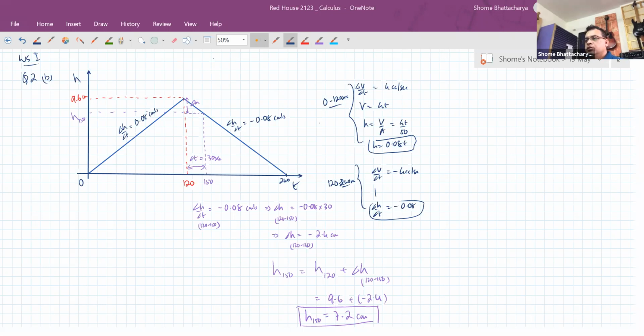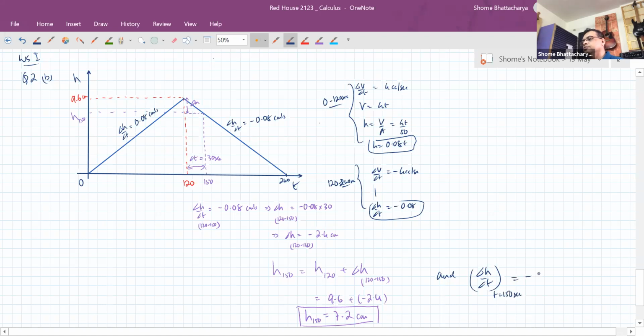And again, the rate at which the level is changing at this point of time is this rate. Okay, so that's the B part.